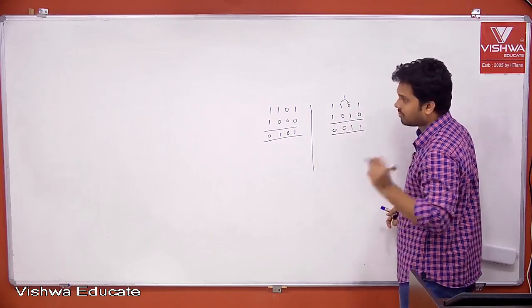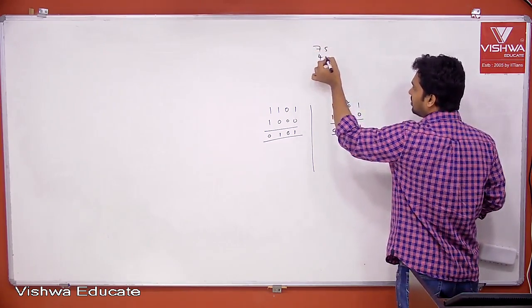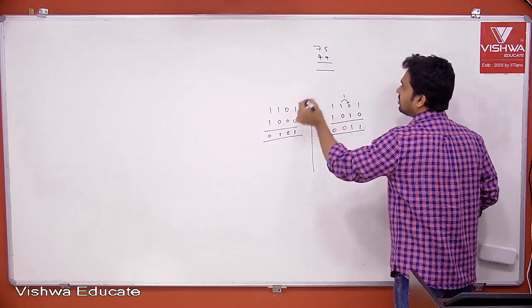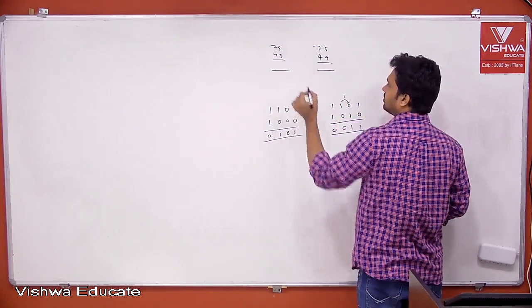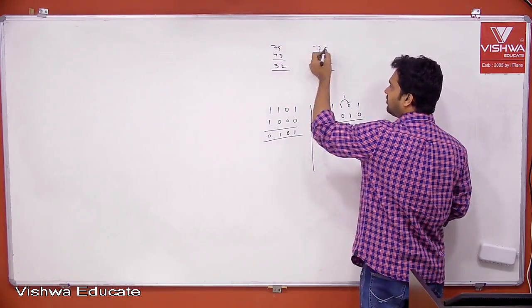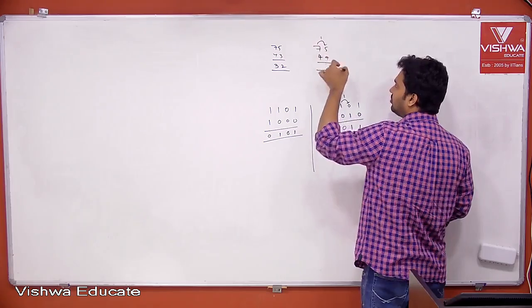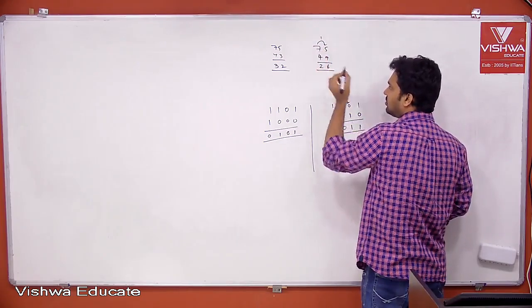Okay. For your better understanding, let us take 75 minus 43. 5 minus 3, 2. 7 minus 4, 3. Now 75 minus 49: 5 minus 9 I cannot do. If you take 1, 15 minus 9, 6. 1 is given, so 6 minus 4, 2.